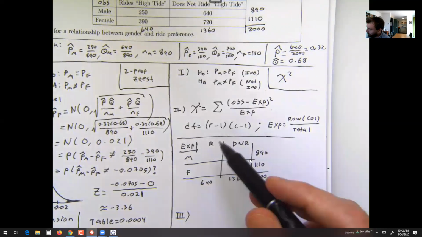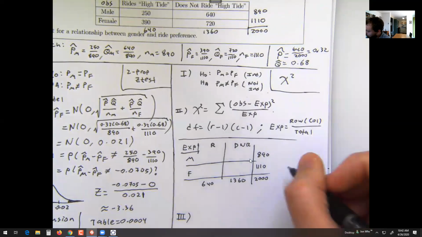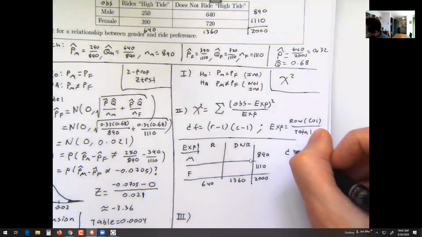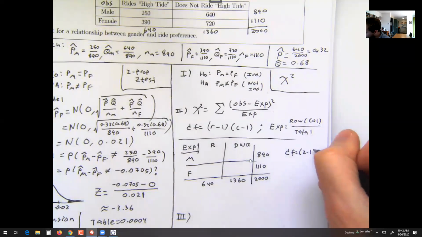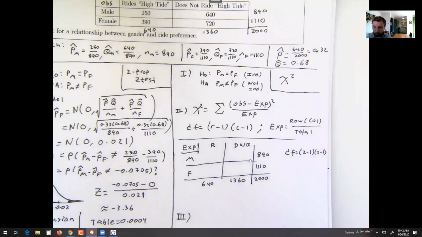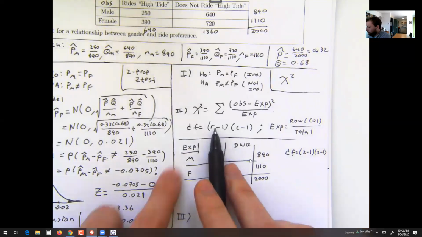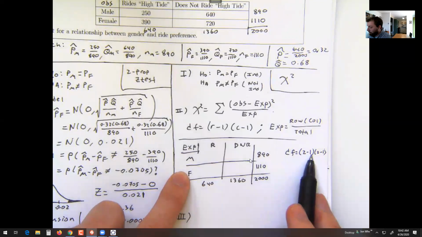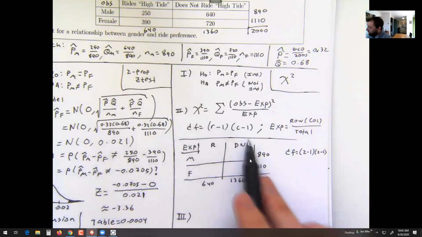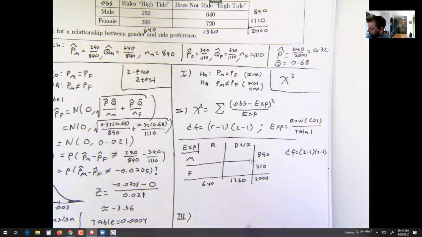Now, if I have a 2x2 grid, my degree of freedom will end up being 2 minus 1 times 2 minus 1: 2 rows minus 1, 2 columns minus 1.